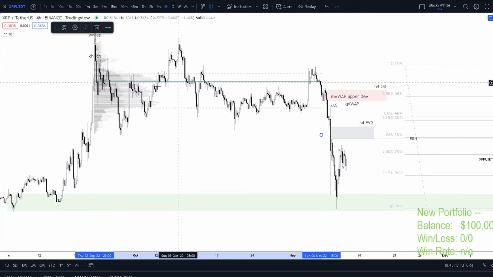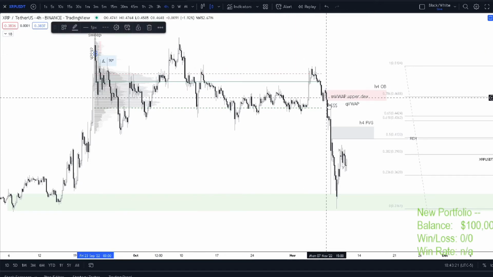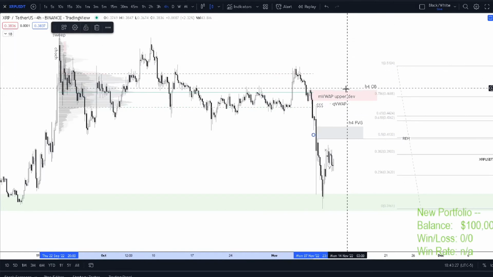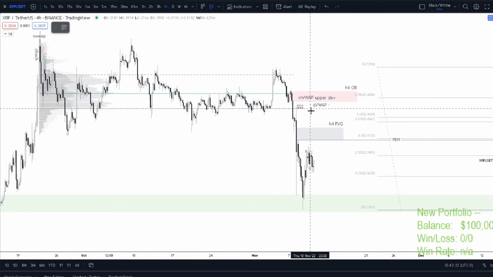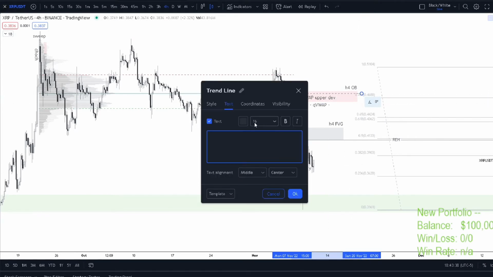So make sure that's right there, to this candle here. See, that's pretty perfect. You can see the POC is right here. So I'm going to denote that with another line here and call that range POC.